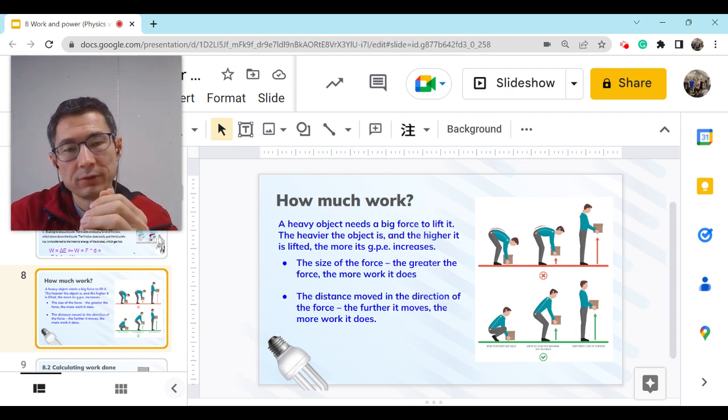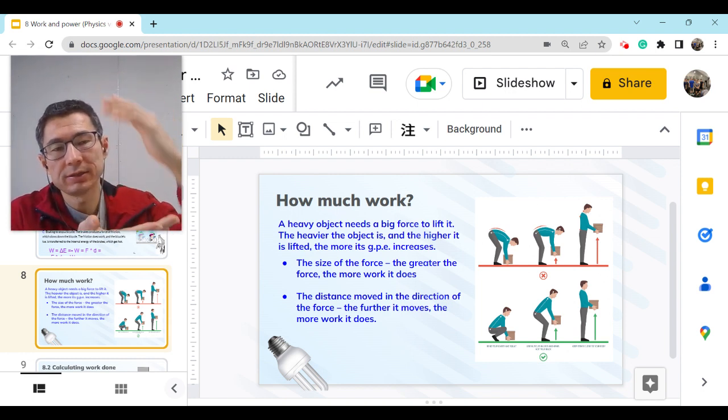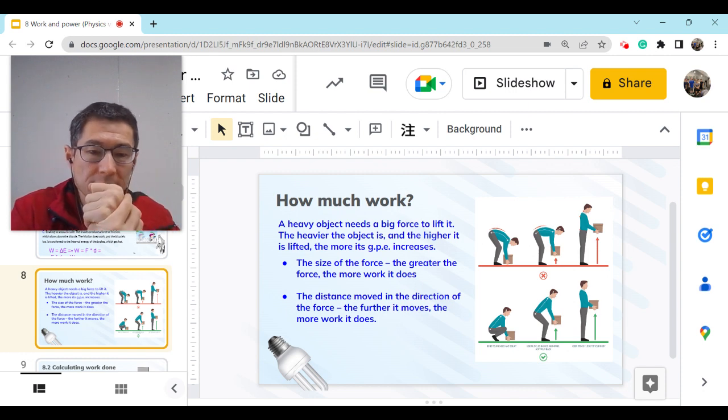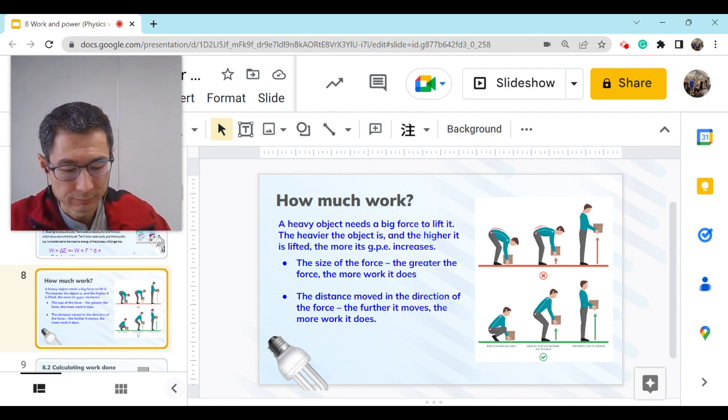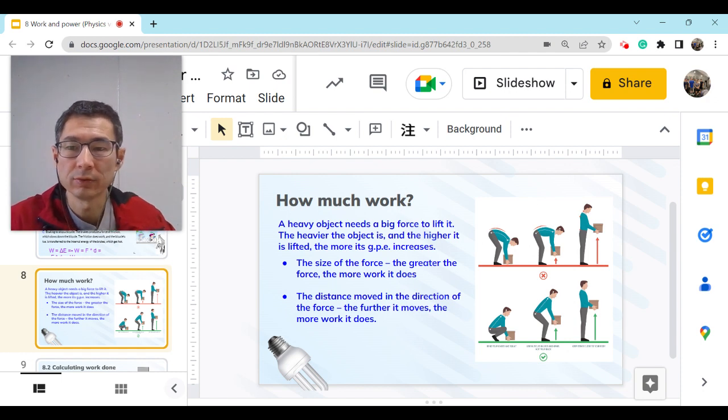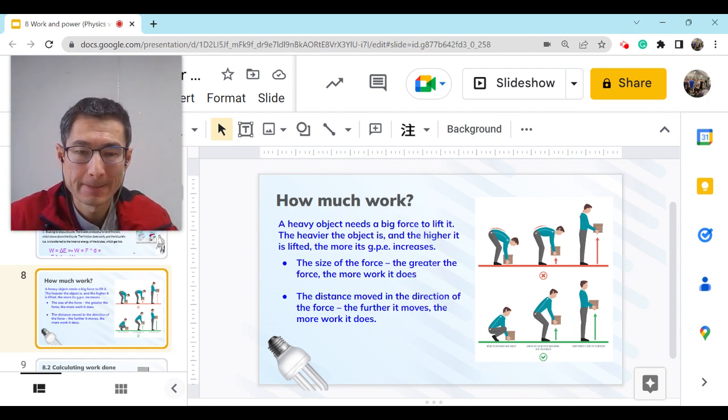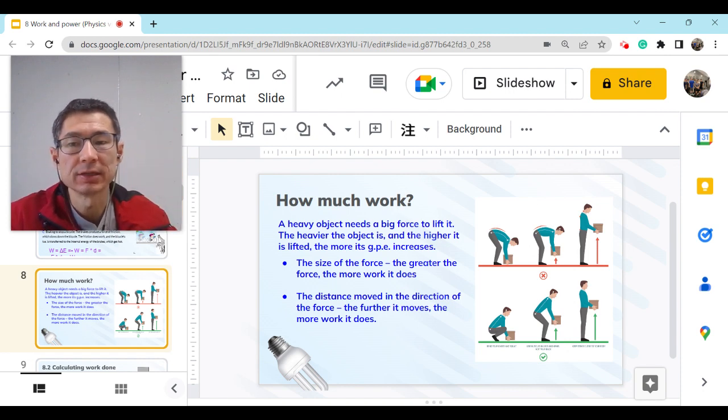So as the applied force and the distance get higher, as well as the mass, the size of force and the distance increases the size of work done.